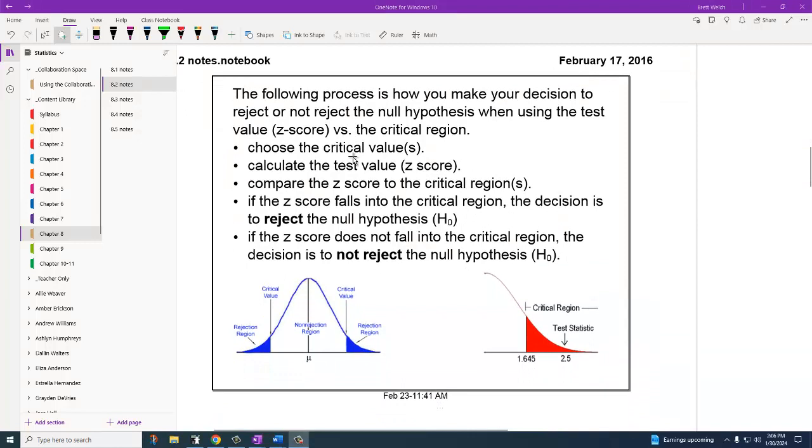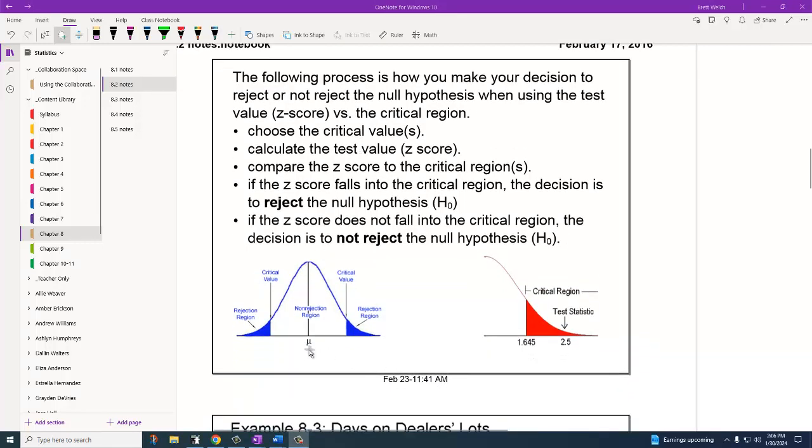The way we know to reject or not reject the null hypothesis has to do with where the critical regions, or the rejection regions, are. If we find that at alpha equals 0.05, there's a z-score for the critical value, a line in the sand, and everything that far to the right or that far to the left is going to be in the critical region.